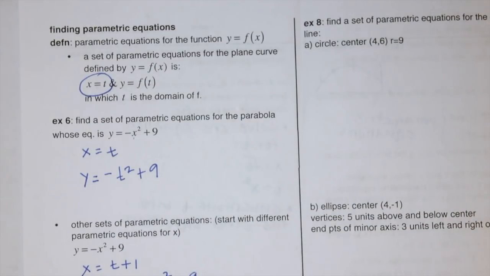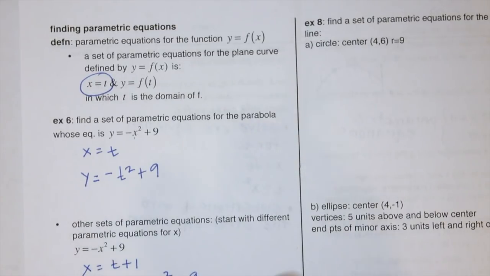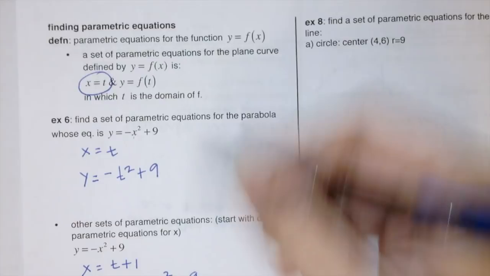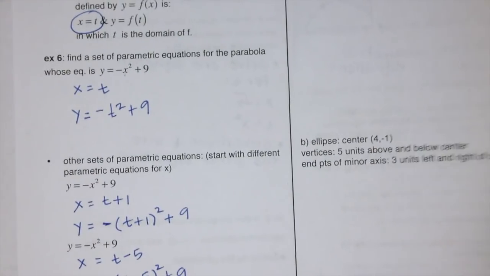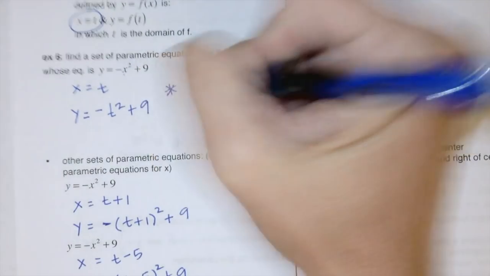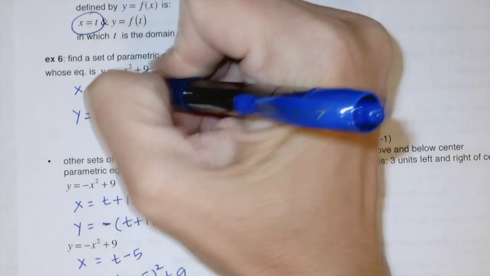Or maybe you're going to be like, oh, I'm going to let x equal t minus 5. Or 5t or whatever, and you're just going to be careful and make sure you plug in appropriately. All of these are acceptable answers for this question right here. All right, but this one's by far the easiest. This should be your default. This is going to make your life easier if you just let x equal t.